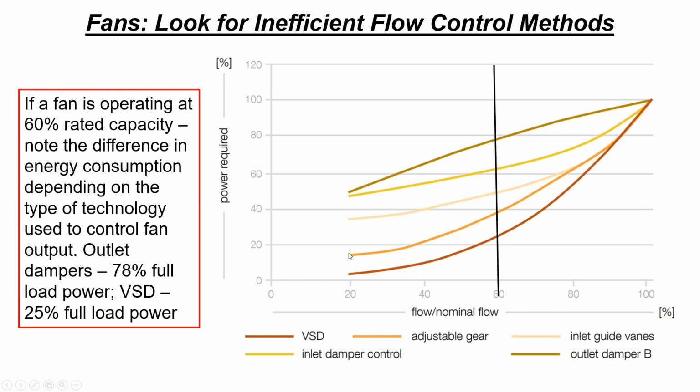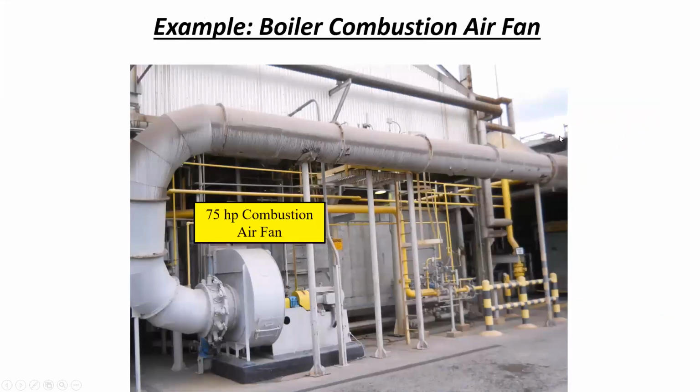You're going from, let's say, 25% using VSD all the way up to around 78% for this outlet damper. So the way we control the flow is significantly impacting the power use by the motor.